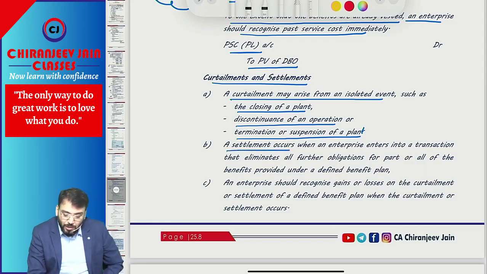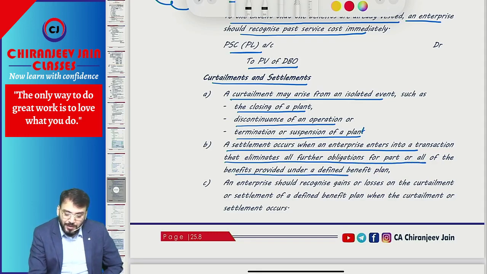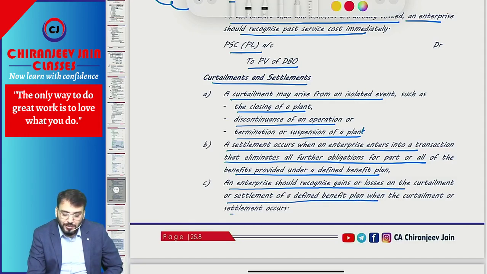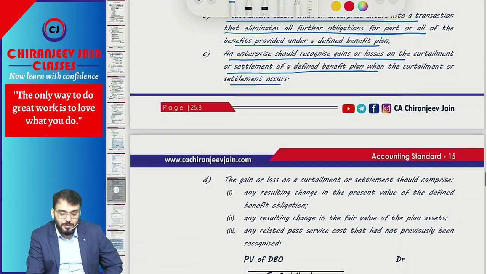A settlement occurs when the enterprise enters into a transaction that eliminates all future obligations for part or all of the benefit provided under a defined benefit plan. An enterprise should recognize gain or loss on curtailment or settlement of a defined benefit plan when the curtailment or settlement occurs. Understood? Journal entry I have already said.